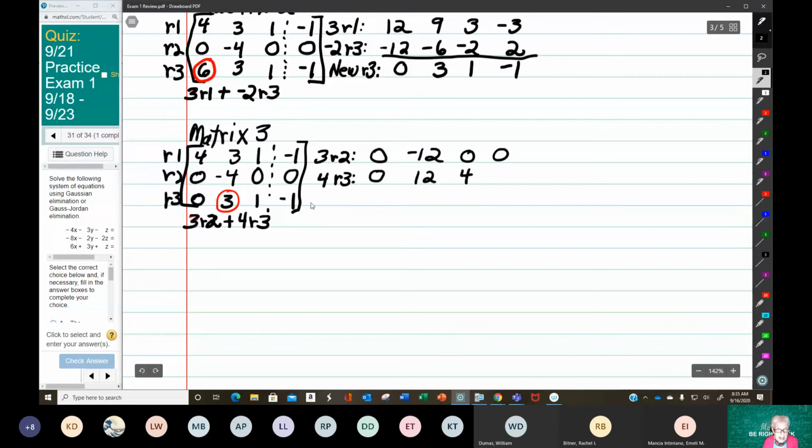And 4 times negative 1 is negative 4. So 0 plus 0 is 0. Negative 12 plus 12 is 0. 0 plus 4 is 4. And 0 plus negative 4 is negative 4.